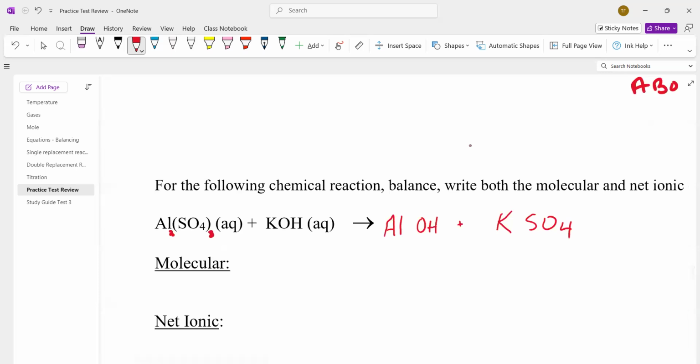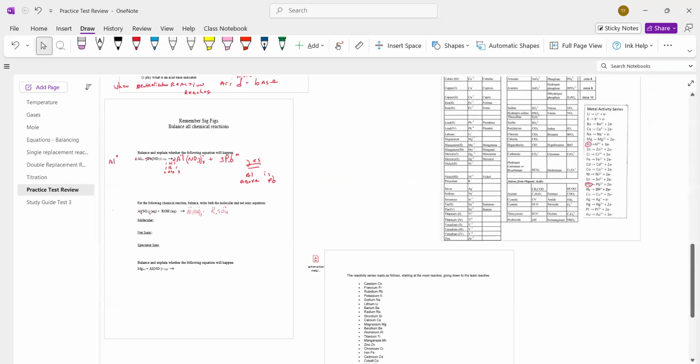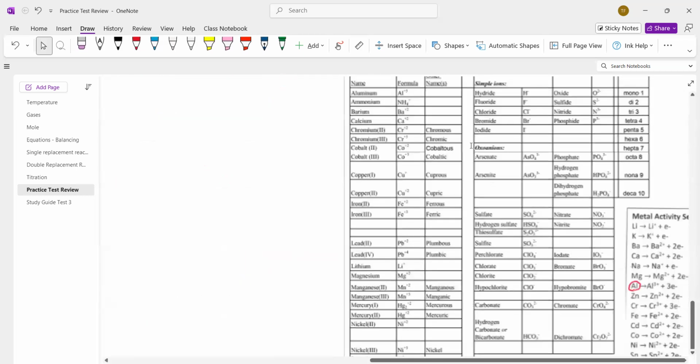Okay, so aluminum's +3, hydroxide's -1. So we need 3 of these. Potassium's +1, sulfate's -2, so we need 2 of those. Now that's strictly from this here.